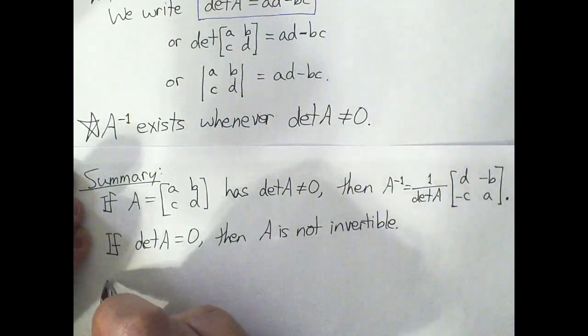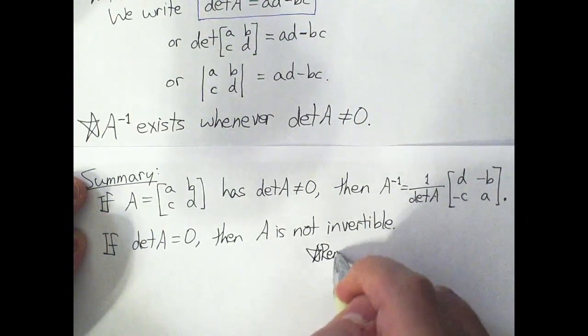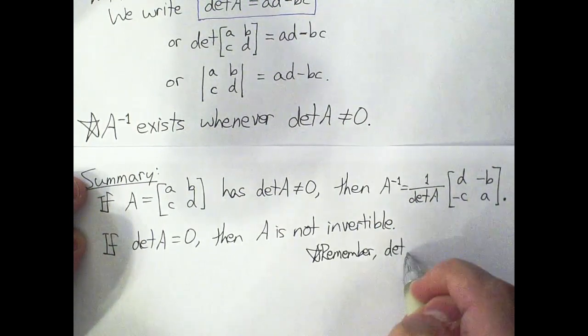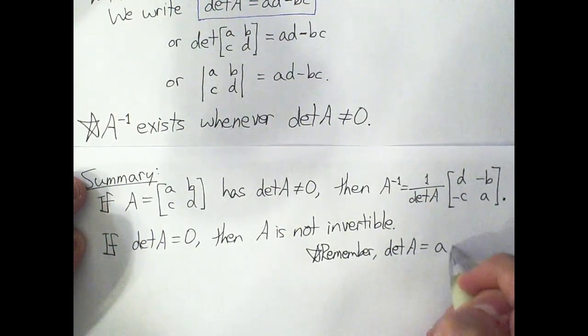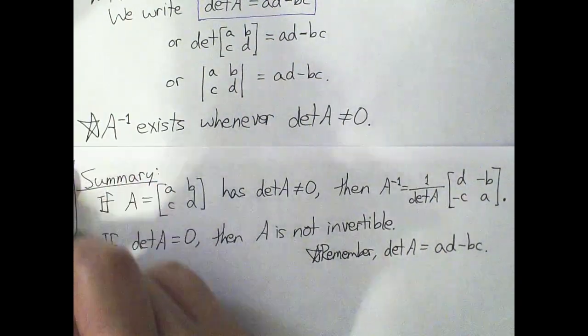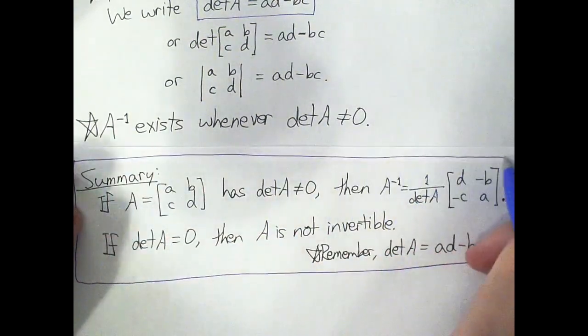And remember, the determinant of A is AD minus BC. Okay, now we have everything all in one place. Let's put a big box around it. That's a pretty good summary.